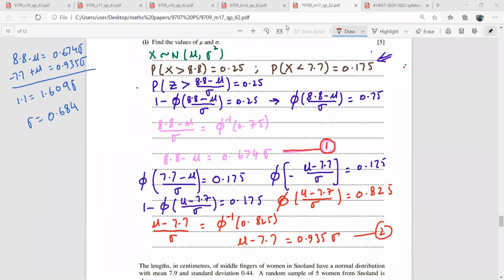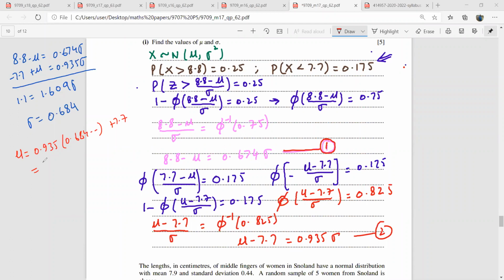Now put this value in the second equation to get the other value. So mu is going to be 0.935 times this answer, better to use a longer value, plus 7.7.